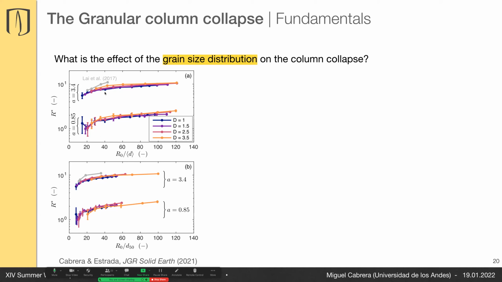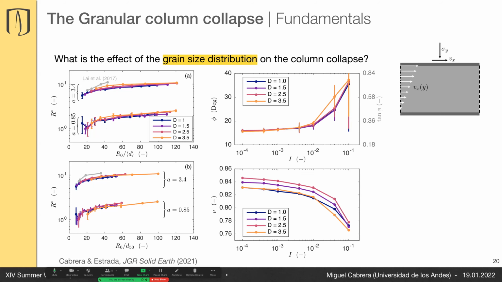The authors of that work started to increase the grain size distribution but kept the whole volume of the column constant, without noticing that for some cases the volume of the system was just too small, so bigger particles had a strong influence on the whole mobility of the system.